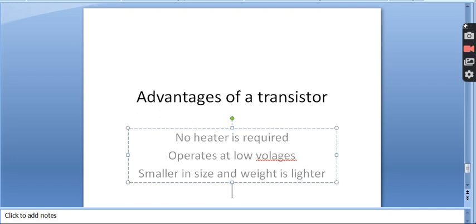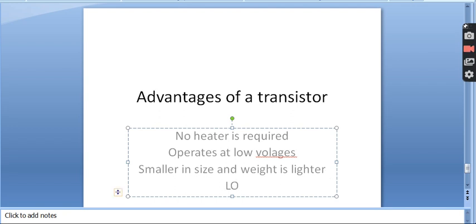Next, it has a longer life. So the transistor has a longer life, because the power dissipation is low.